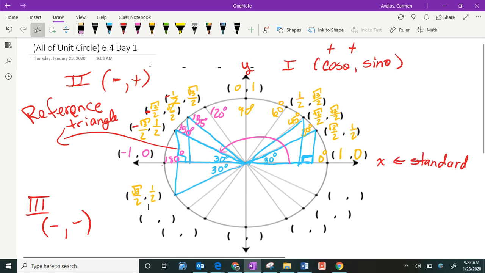And then let's fill in the fourth quadrant as well, because we know that that's going to be a reference angle of 30 degrees there as well. So that's going to look like that, and that's also going to be 30 degrees. And notice how the reference angles are always off the x-axis, because they're the mirror images, and they're never off the y-axis.